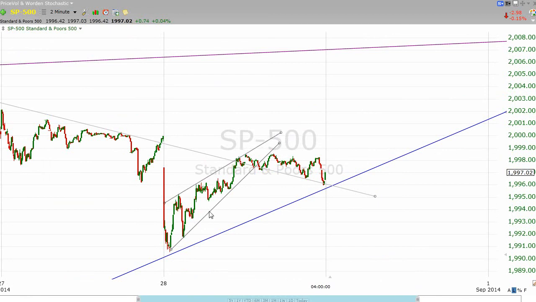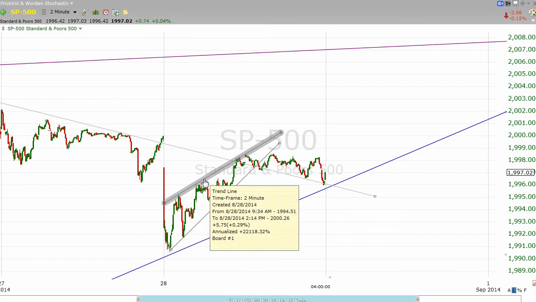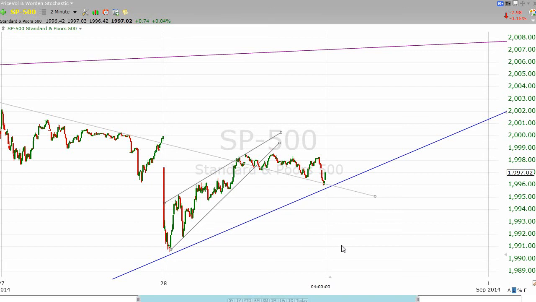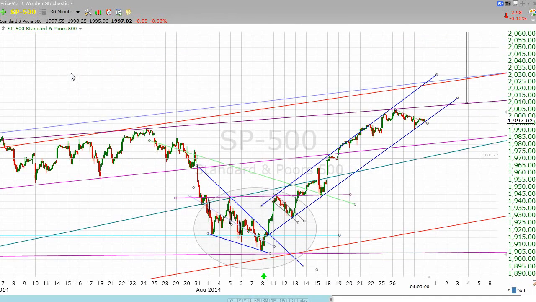So if we trust this little pattern, then we would expect to get back down to the 1990s. So it's a little conflicting signals here when we look at the 2-minute chart. So with that in mind, let's keep our focus on the bigger picture, which is the potential for a nice bullish pattern maybe under development right now.